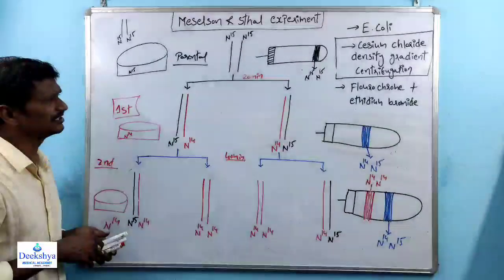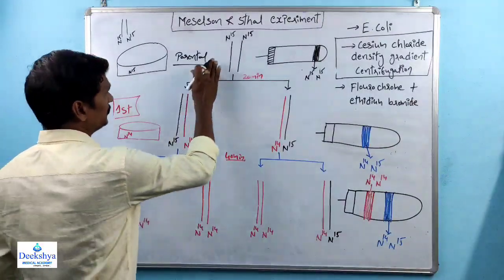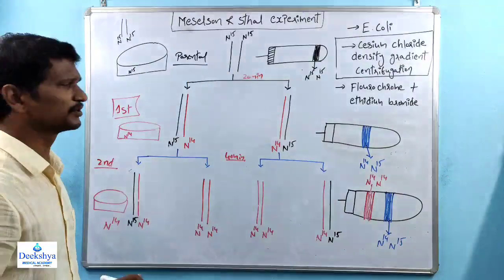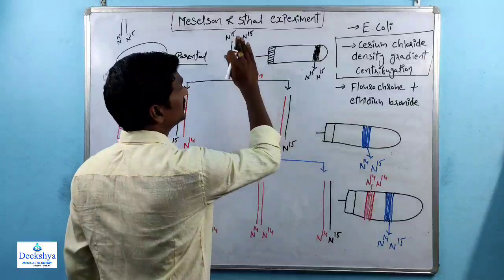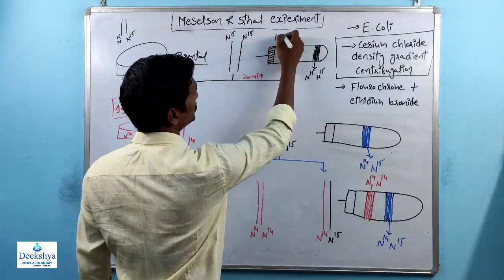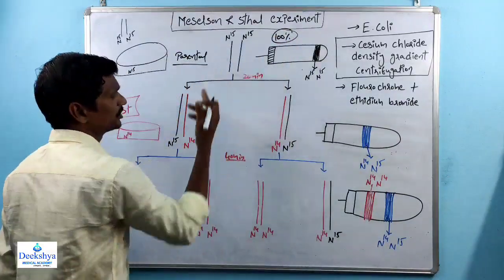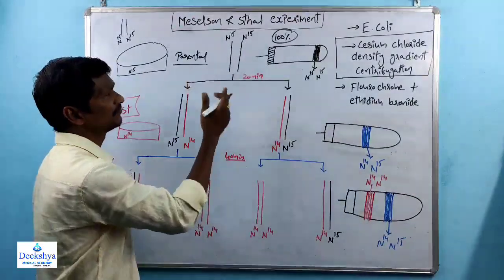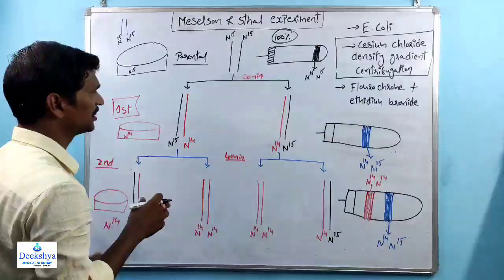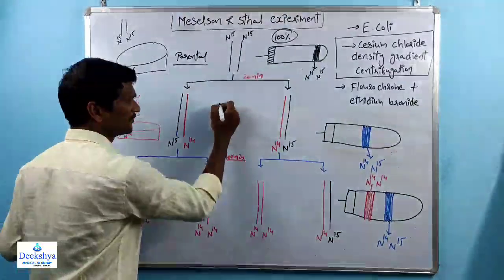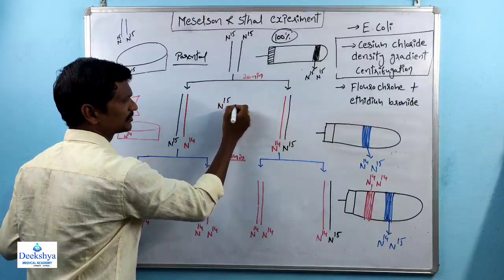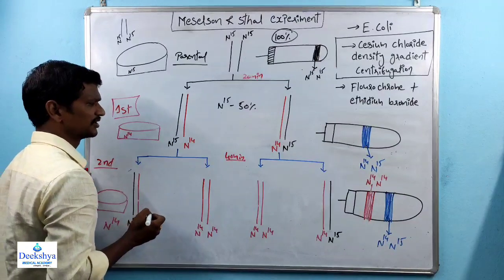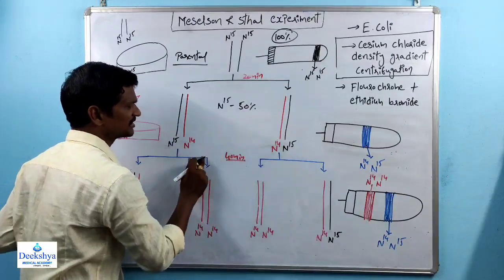Remember, some questions are sometimes asked here. In the parental generation, the N15 strands percentage is 100% because both strands are N15 and N15. Coming to the first generation, N15 is 50%, because another newly synthesized strands are there.